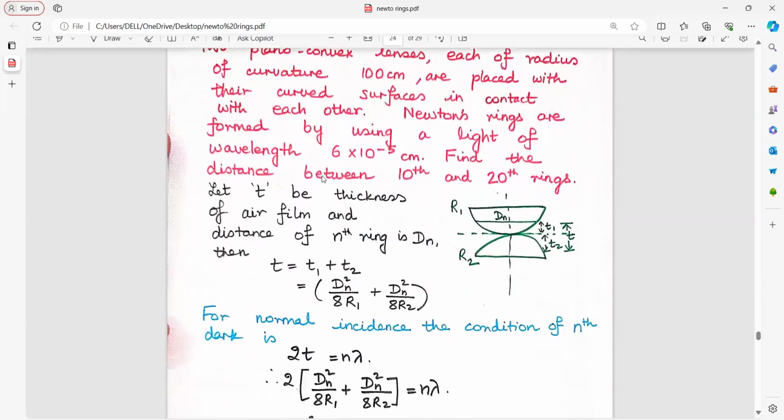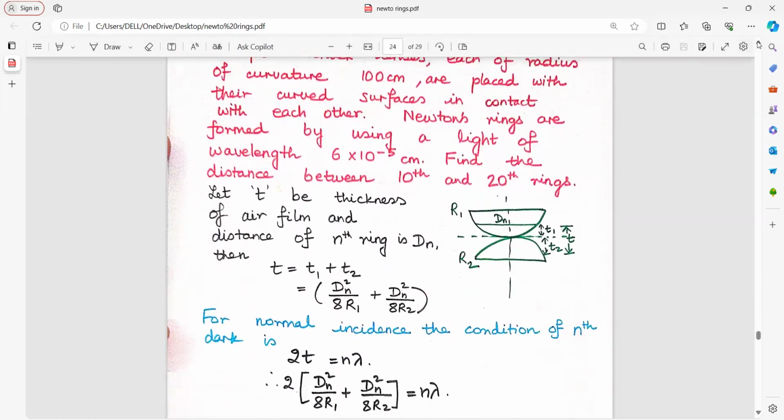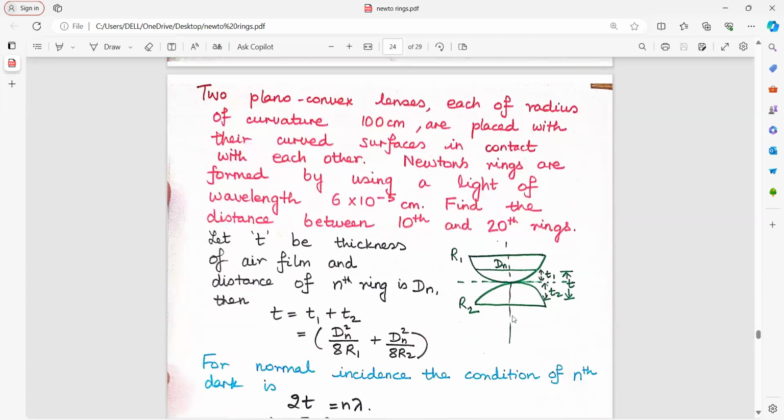Two plano-convex lenses, each of radius of curvature 100 centimeter, have been placed with their curved surfaces in contact. So what will happen? Then the thickness of the air film, T1 will be due to the upper one and T2 due to the lower one. So total T becomes T1 plus T2.